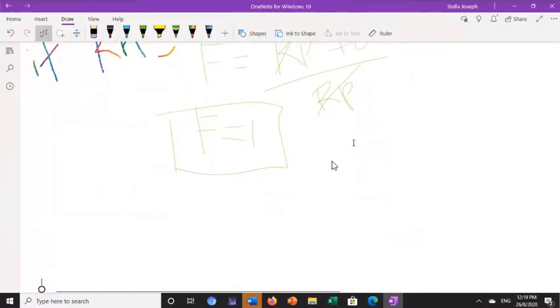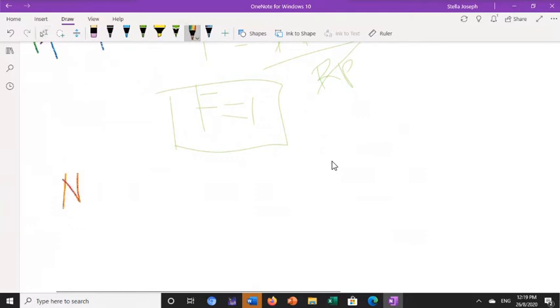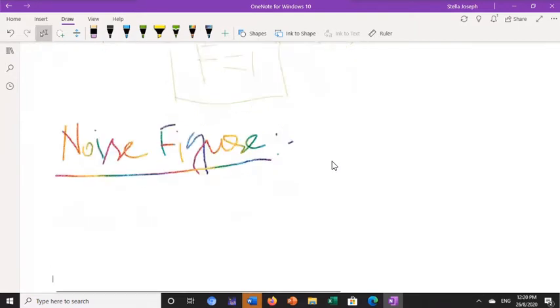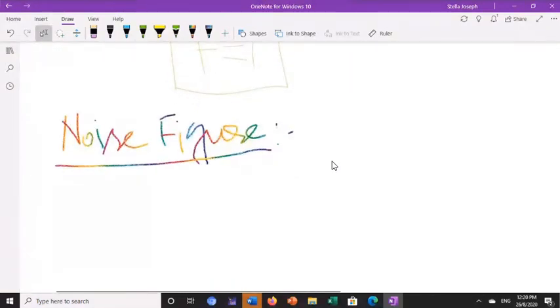Okay. Then put the heading noise figure. Then write noise factor in dB. If the noise factor is represented in dB, decibel, then it is called as noise figure.